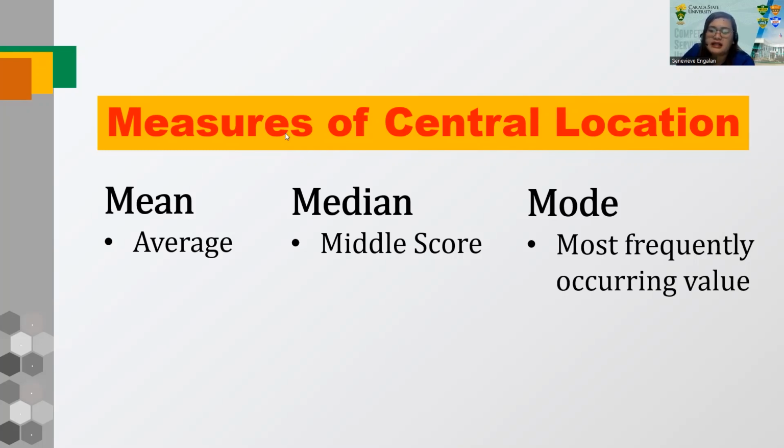So ang kalainan lang nila is ang disadvantage sa mean is maapektuhan kaayo siya with extreme values. So unsa man tong extreme values? Extreme values are those values nga layo ra kay sa kadaghanan.